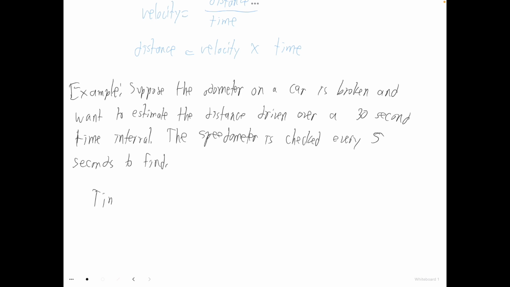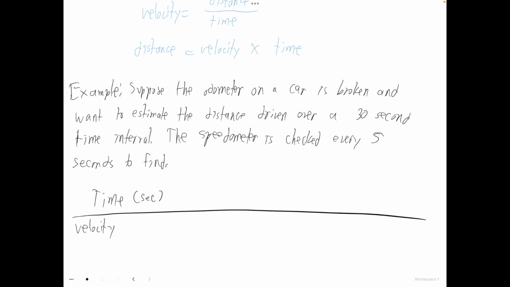So we have the time, and we have what the velocity is at that time. Now, in reality, you'd probably measure things in miles per hour on the speedometer. We're not going to worry about changing units. We're just going to give it to you in feet per second.